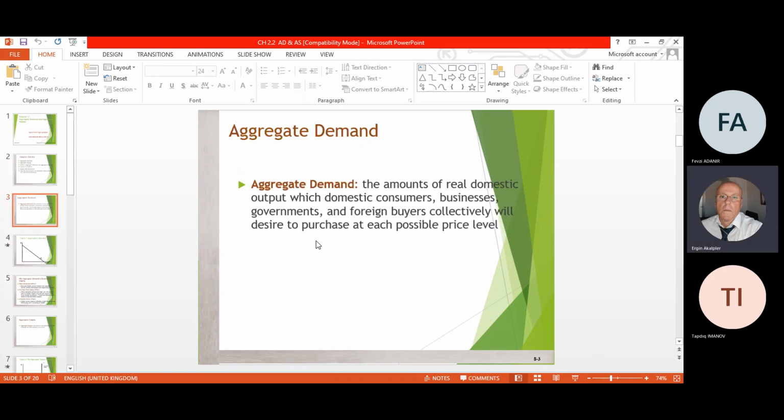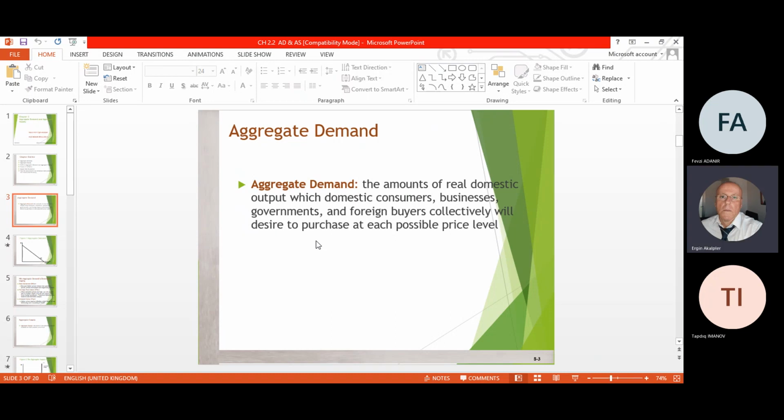Okay. The aggregate demand, if we are going to define it, is the amount of real domestic output which domestic consumers, businesses, governments, and foreign buyers collectively desire to purchase at each possible price level. Therefore, aggregate demand is heavily affected by price changes or inflation.